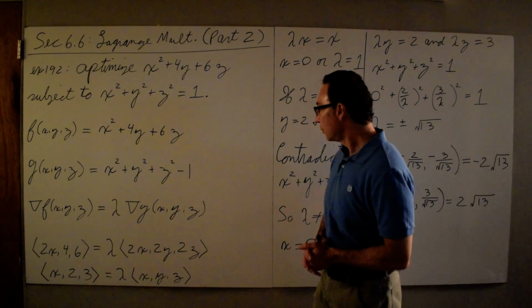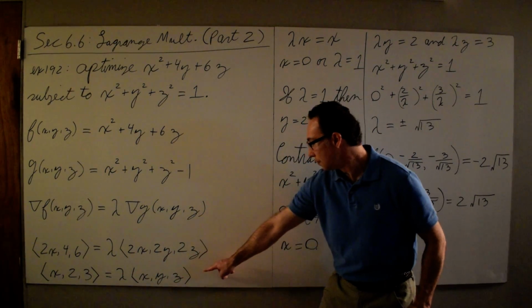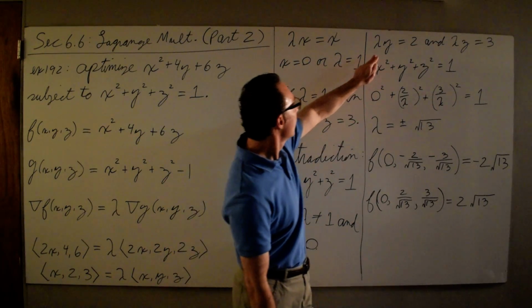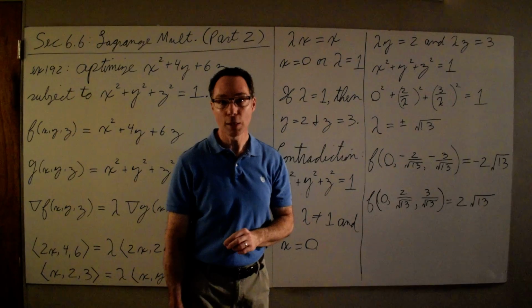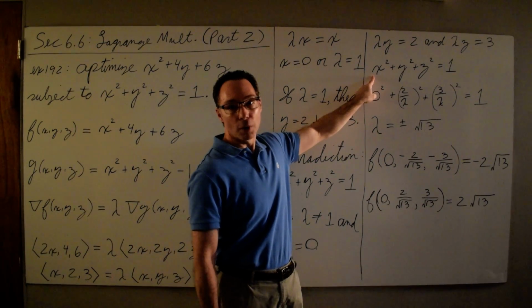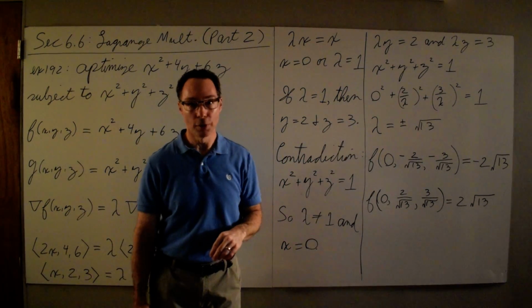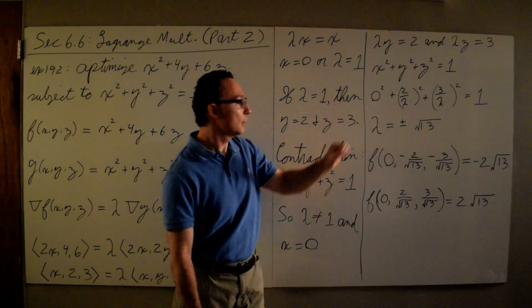We have to find the other two coordinates. So we go back to this equation. What do we know? We know that lambda y is equal to 2, lambda z is equal to 3, and remember our constraint: x squared plus y squared plus z squared is equal to 1. So we substitute. Remember, we've decided now that x is 0, so we have 0 squared.